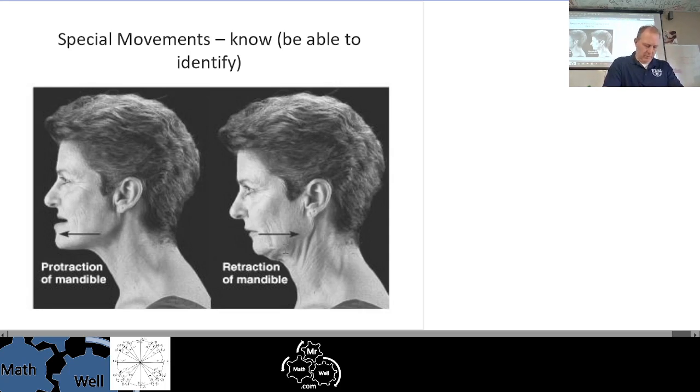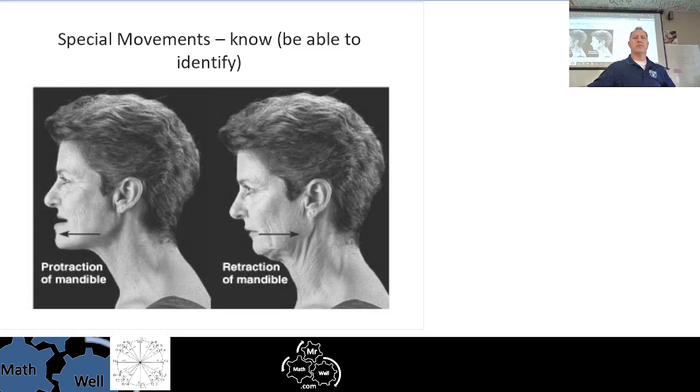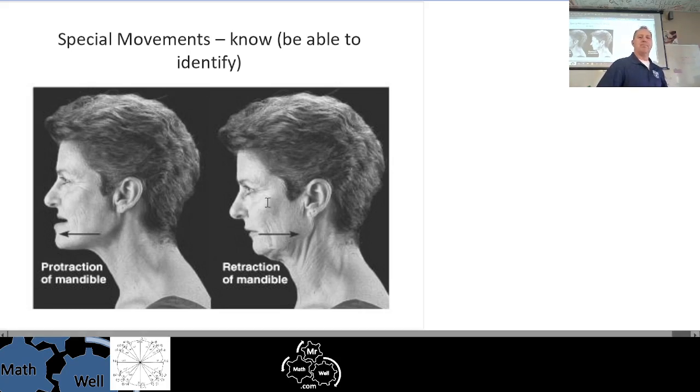My wife is in the dental field, and I think she calls it pronathic and retronathic. Pro is going forward, retro is back, like a retro outfit or retro TV, way back. Got it?